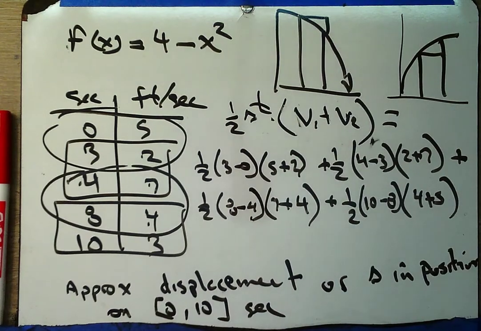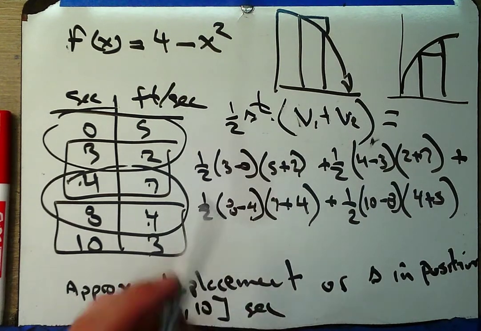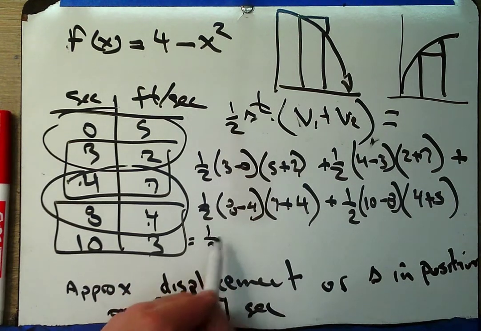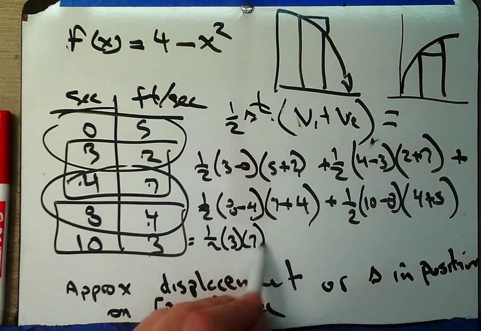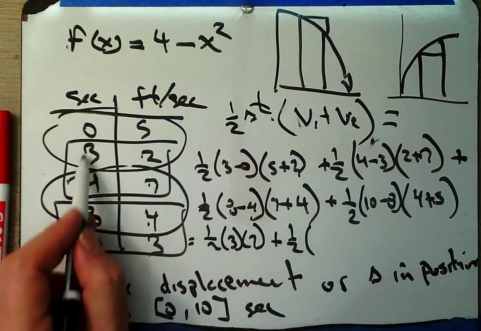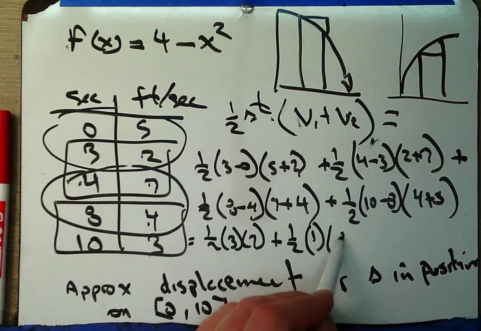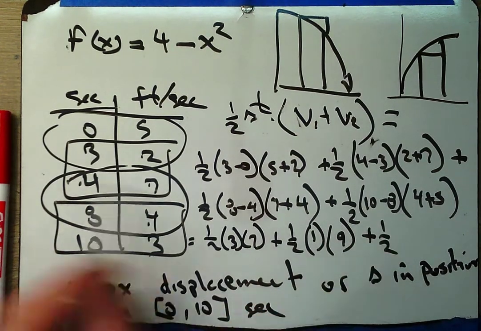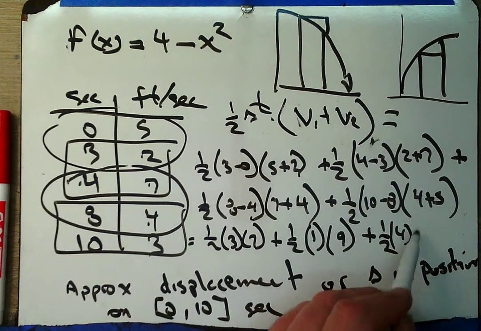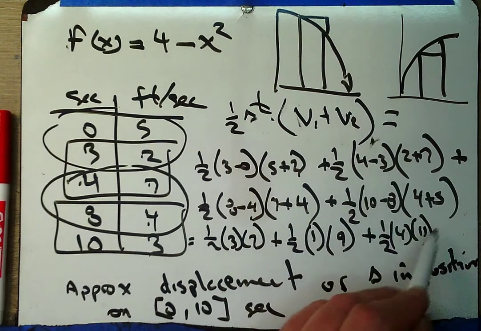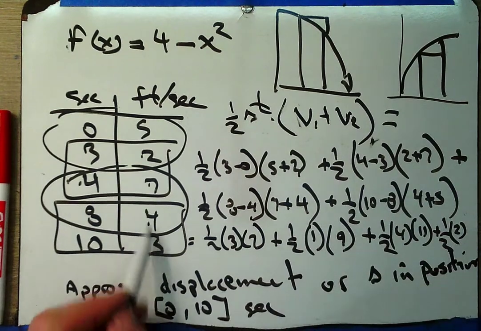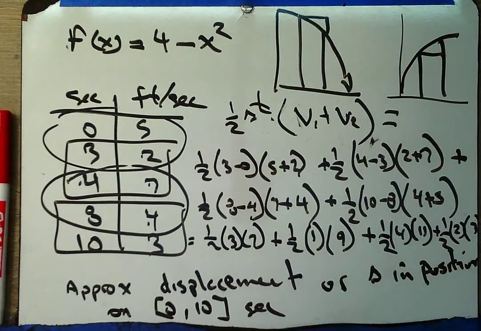And of course, you're more than welcome to simplify this as you go. So in that case, I would have 1/2, 3 times 7, plus 1/2, the distance here is 1 times 9, plus 1/2, the distance here is 4, the sum of those heights is 11, plus 1/2, the subinterval width is 2, and the sum of these is 7.